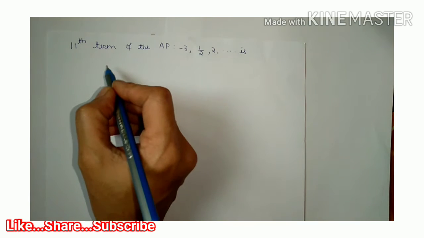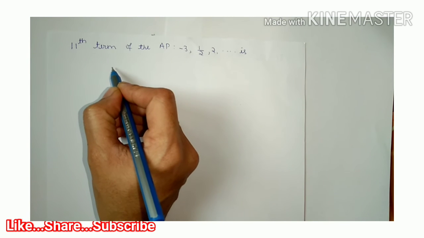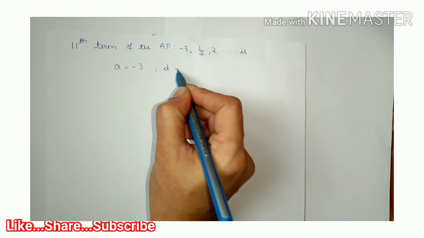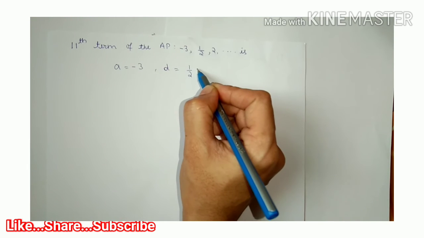11th term of the AP minus 3, minus 1 by 2, 2, is. Here the given AP has first term minus 3, and the common difference is second term minus first term.